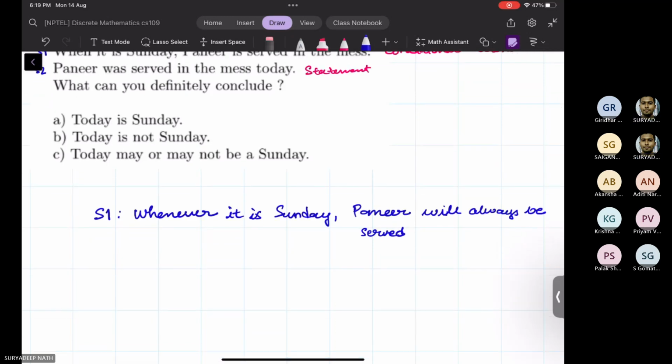But when it is not Sunday, paneer may or may not be served.